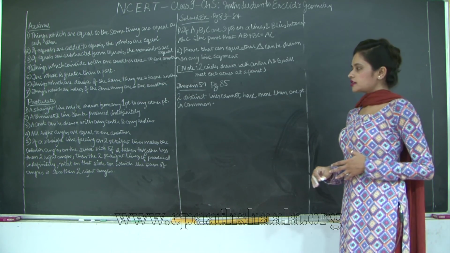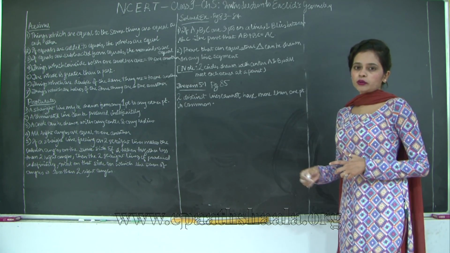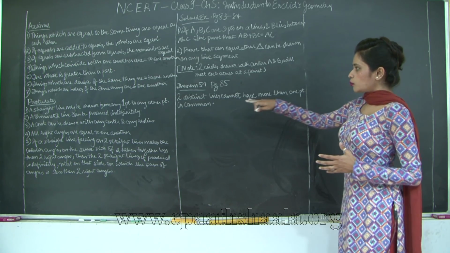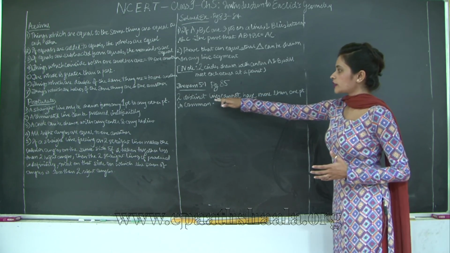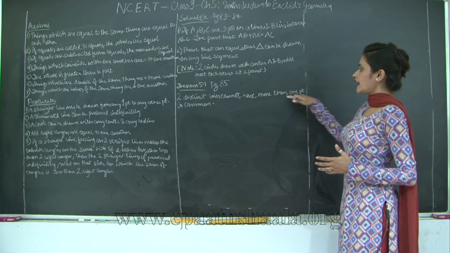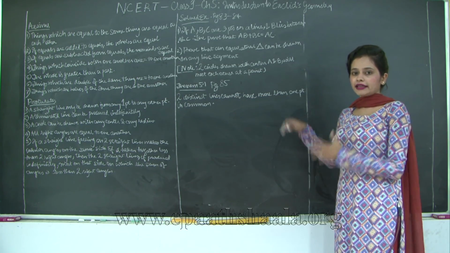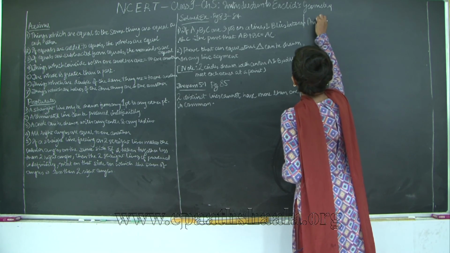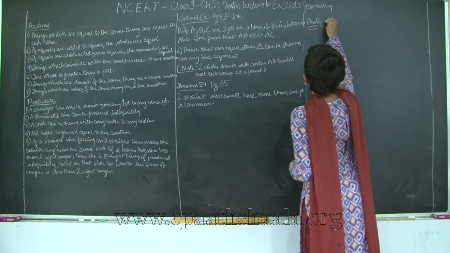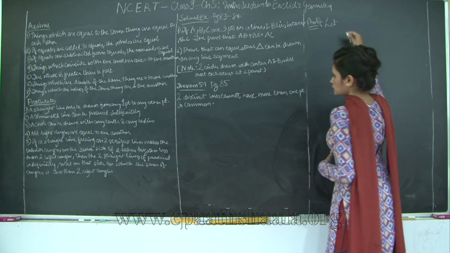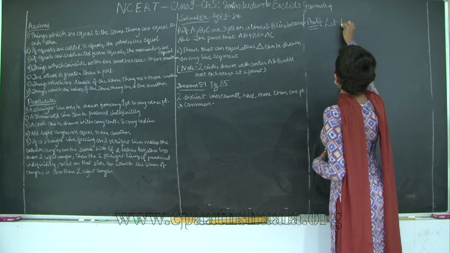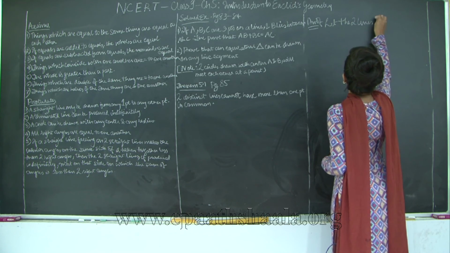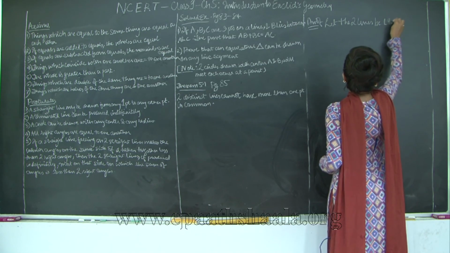We need to prove this. In order to prove this, we will assume that two distinct lines do have more than one point in common, and then let's see how we proceed. So I'll say proof, let the two lines be L and M.